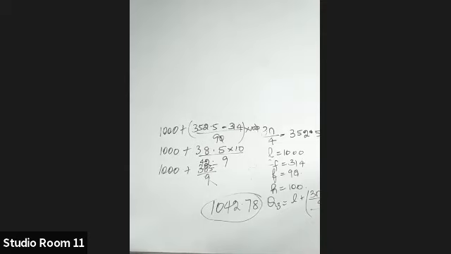Okay, methods of dispersion. Here also we'll be learning the 4 types of dispersion. Write the heading. 4 types of dispersions are there. First one is range.